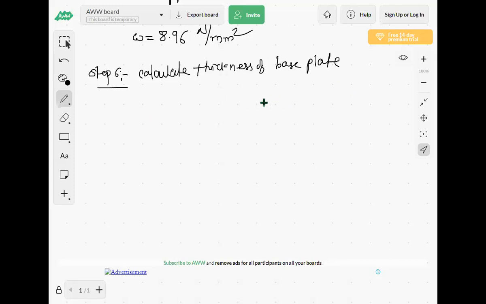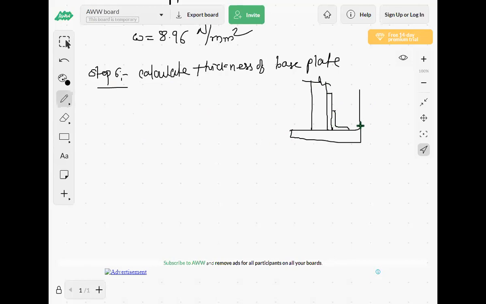For calculation of thickness of base plate, first we have to calculate the moment arising due to the critical section. As I told you, this is your gusset plate and column, then this is your base plate and column. This is your gusset plate, then this is your angle section.